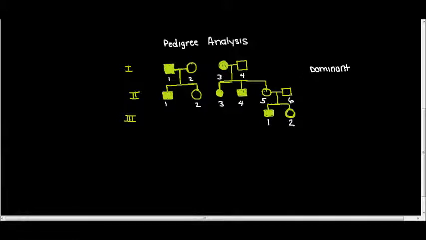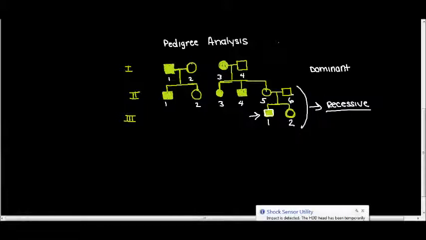So here, if this trait that we're looking at, this disease, was dominant, then both of these parents, or at least one of these parents, need to have expressed that trait. Neither of them expressed it, and so this is a big clue to us that this trait is recessive, because if a progeny is affected but the parents are unaffected, that signifies recessive.